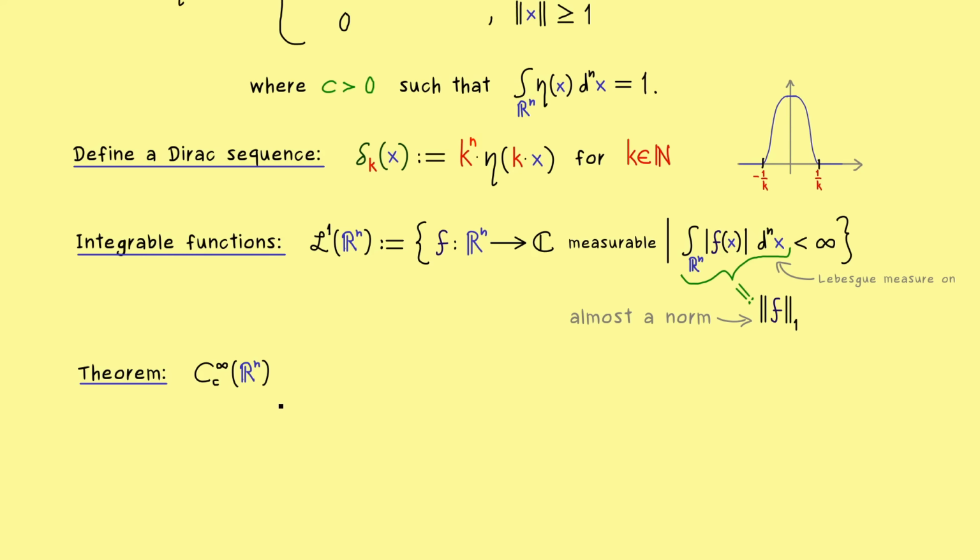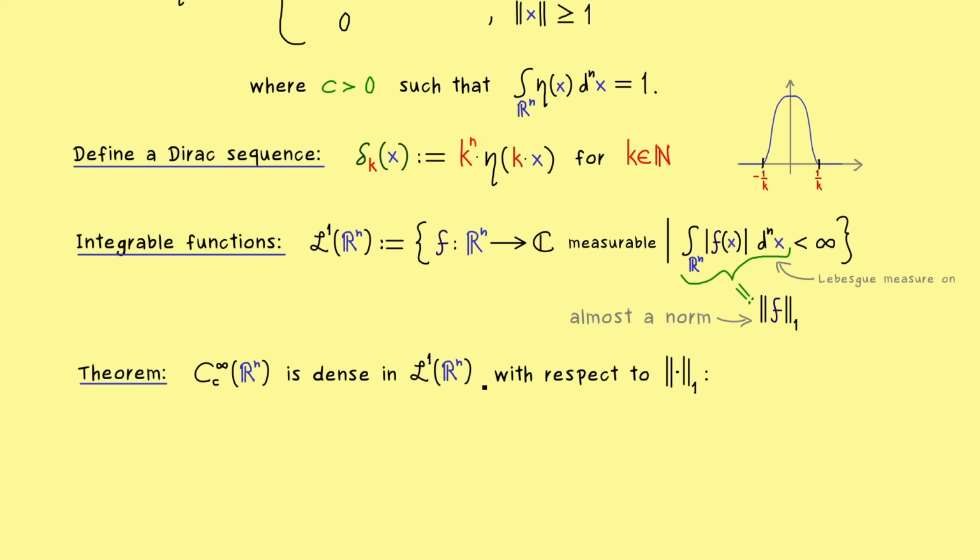The short formulation is simply that the space of compactly supported smooth functions lies dense in L1. And this simply means that any element of the bigger space can be approximated by an element of the smaller space. And here it's really important to note that we measure this distance between two elements with respect to our L1 norm.